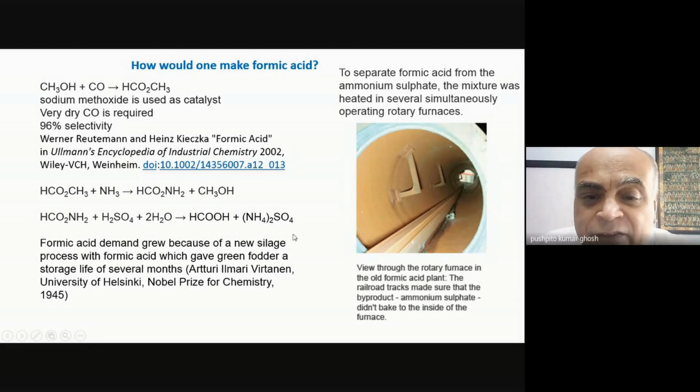And the reason is because this ammonium sulfate tends to stick to the sides of the wall. Okay. And so you need to actually scrape it out. And so they had to have scrapers and they had to keep scraping out the ammonium sulfate. And just imagine how complicated this whole thing is.